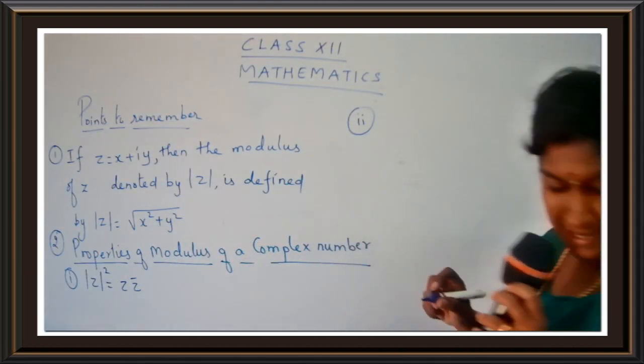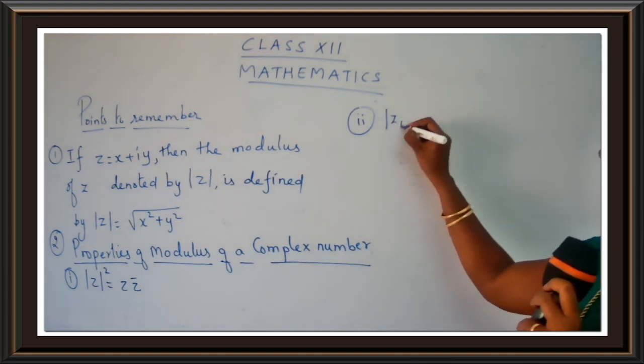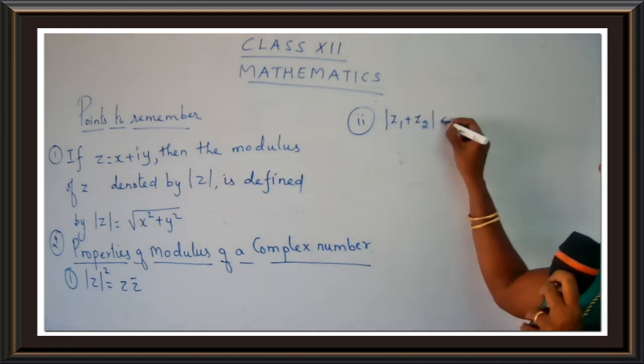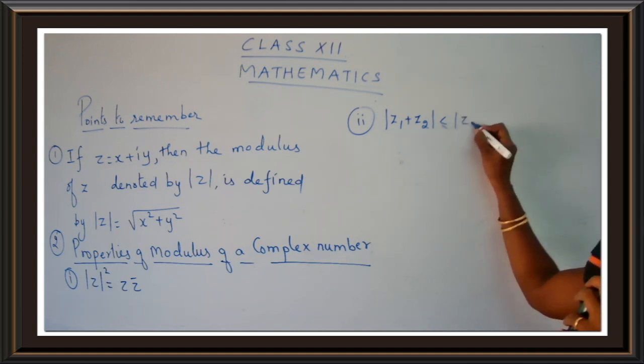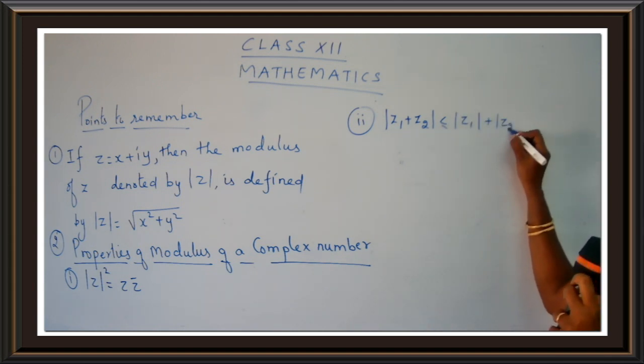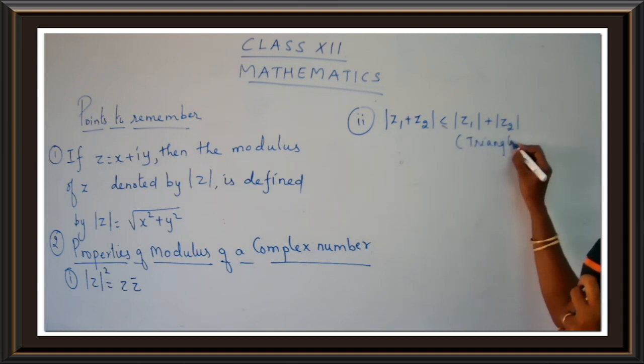Modulus of z1 plus z2 is less than or equal to modulus z1 plus modulus z2. So this property is called the triangle inequality.